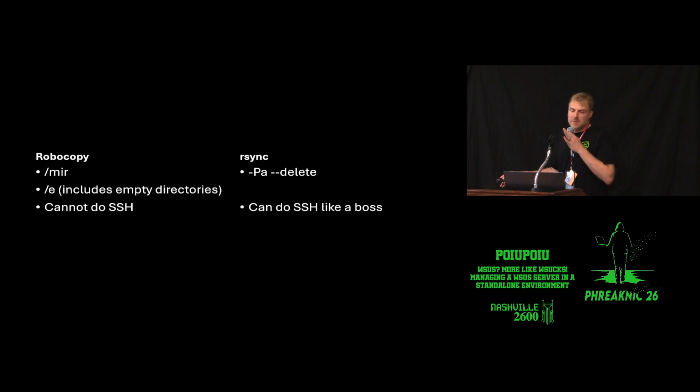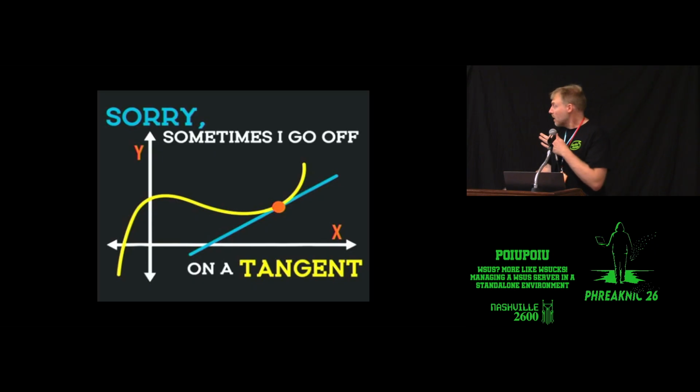It'll just say, I'm going to take the files from this directory and mirror them over here. Whatever's deleted on here, I'll delete over here. That's cool. It's built into Windows. Awesome. It cannot do SSH, whereas rsync can SSH like a boss. Sorry, I do sometimes go off on tangents on some cool tools, but it is what it is.